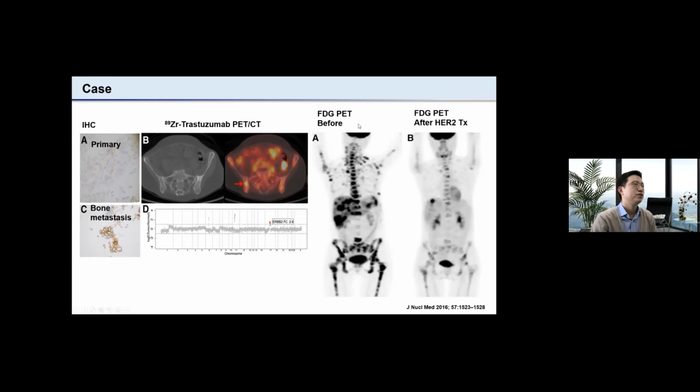Before HER2 targeted therapy, the FDG PET scan finding was like this. But after HER2 targeted therapy, the FDG PET scan showed a greatly improved status of the patient. Without the HER2 PET imaging, this patient would not have received HER2 targeted therapy because the patient was HER2 negative according to the biopsy result. So this is a benefit of HER2 PET imaging.